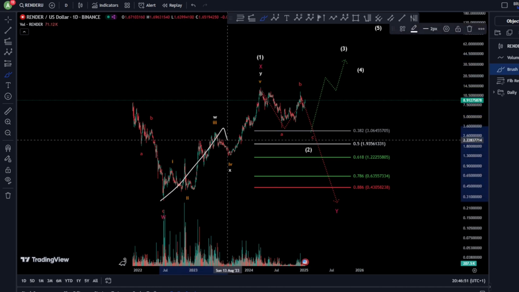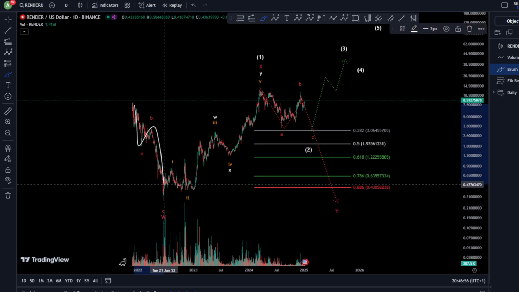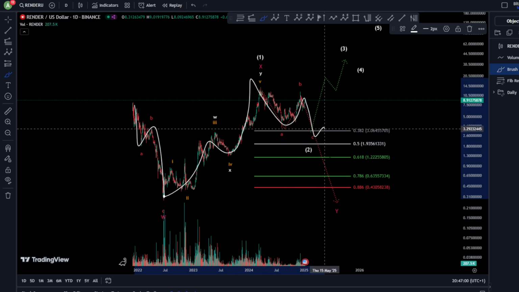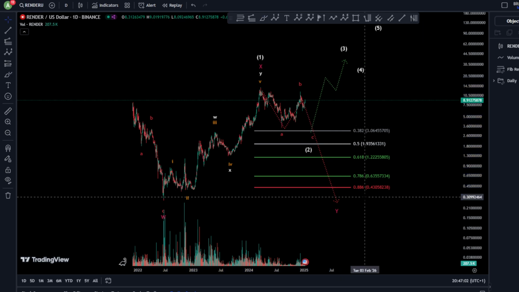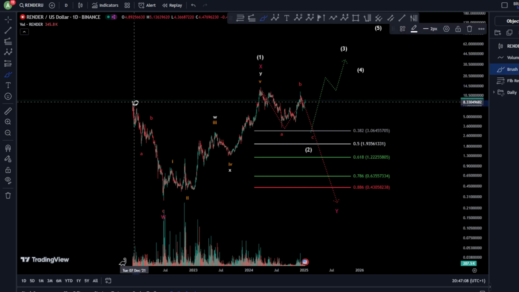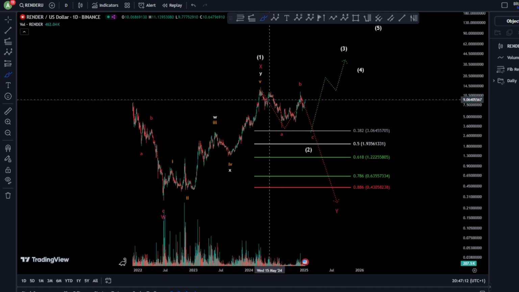However, this can still be read as WXY, meaning we have three waves down, three waves up, and then a possible continuation toward the downside for a bullish scenario for a wave C here, as an expanding flat where your wave B here has overshot your wave A.